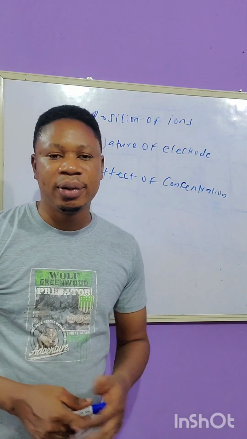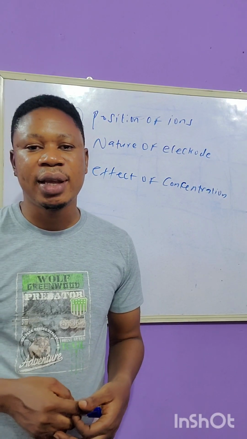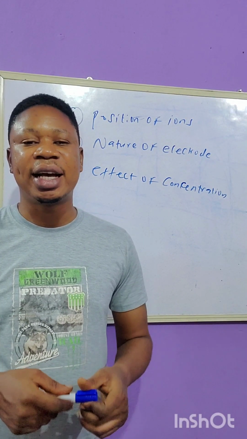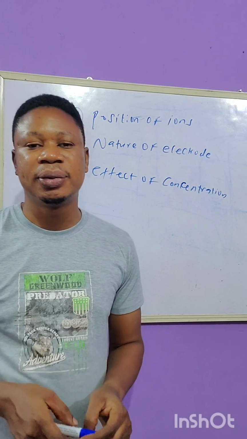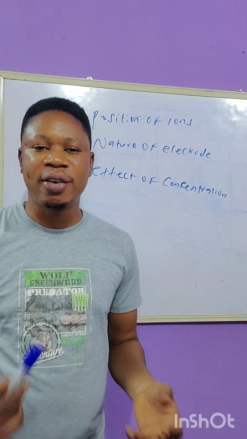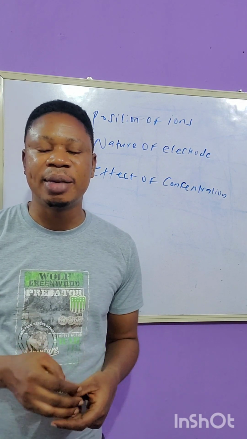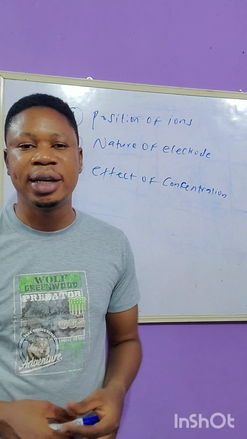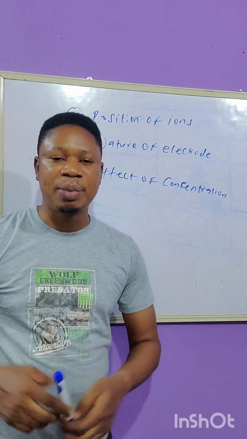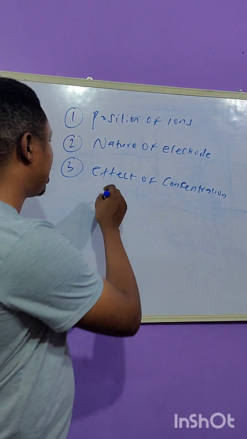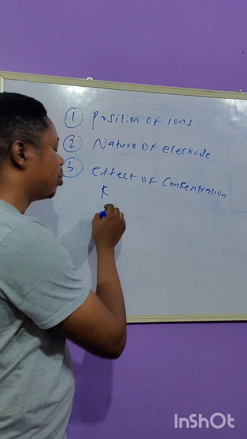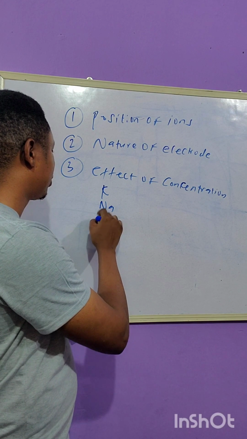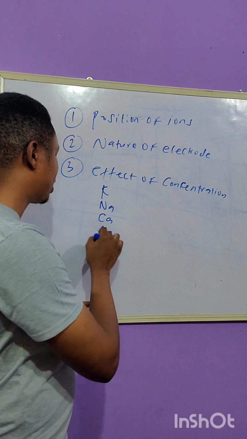Now, listen to this. Cations that are lower in the chemical series are discharged in preference to those that are higher in the chemical series. So let me show you the series. Potassium is at the top of the series, followed by sodium, calcium, magnesium.